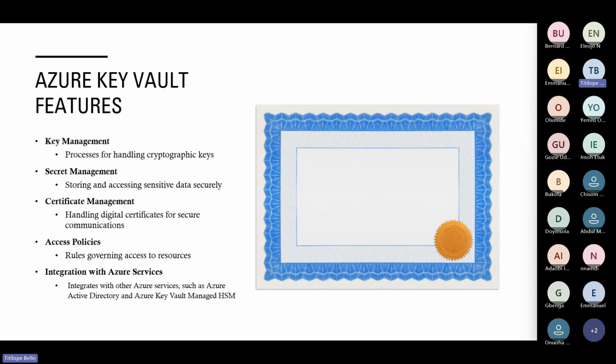That's one other feature of Azure Key Vault. When you are doing encryption, you either accept the Microsoft key, or you bring your own key. When you bring your key, you need a place to store it. You can either store it in Key Vault or use Key Vault that has integration with HSM.